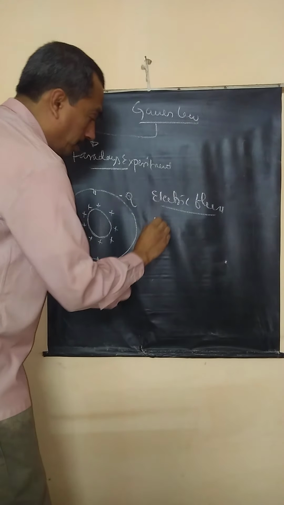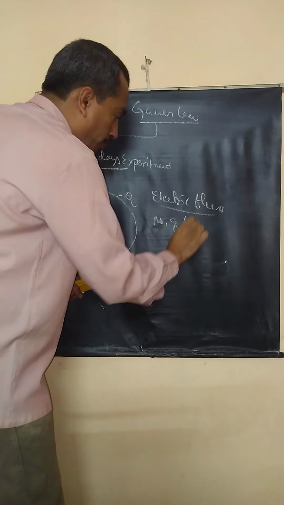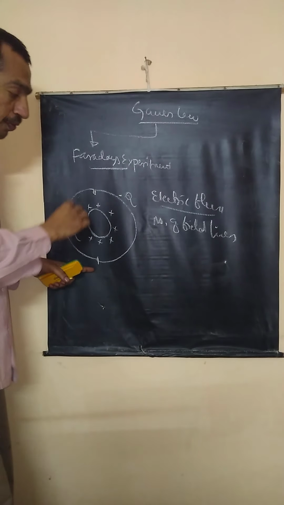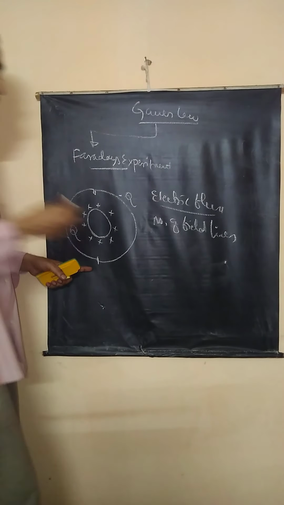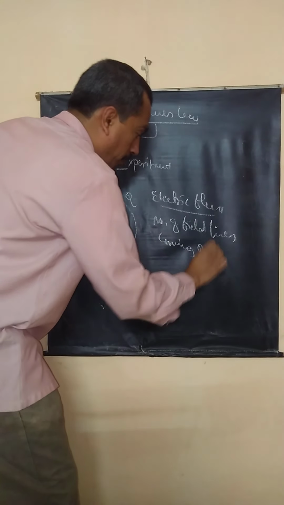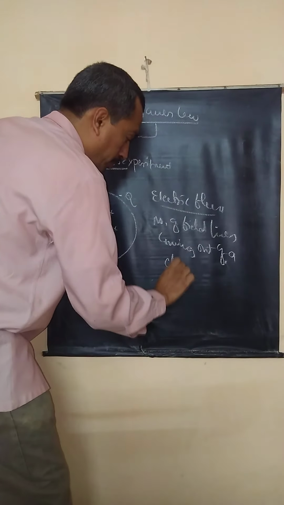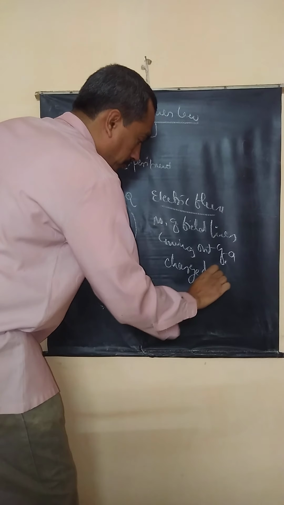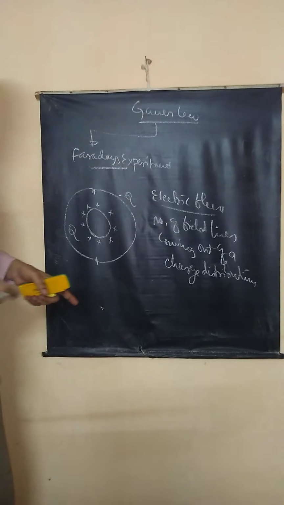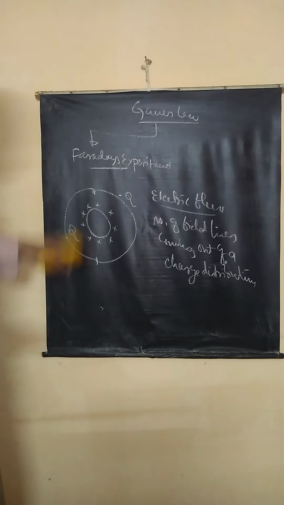What is flux? Number of field lines coming out of a charge distribution. What is the total flux?